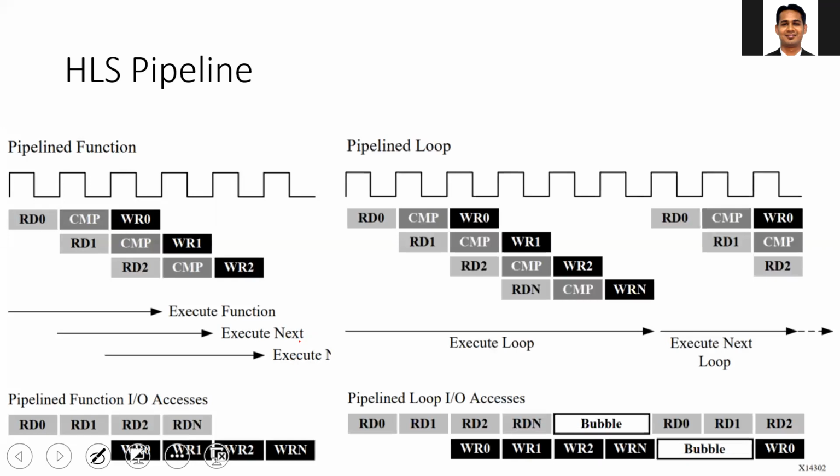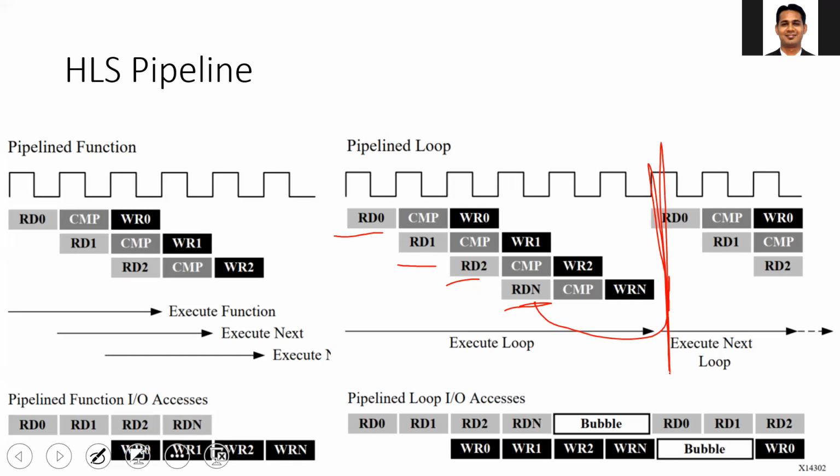On the other hand, in case of the pipeline loop, you have the number of iterations. For example, we have a pipeline loop which consists of n iterations. So what will happen? You will have the first iteration, second iteration, third iteration, and the nth iteration. Now your next execution of the loop needs to be started, but this will not be started until you complete all the operations in the first execution of the loop. Okay, so you have one execution of the loop.